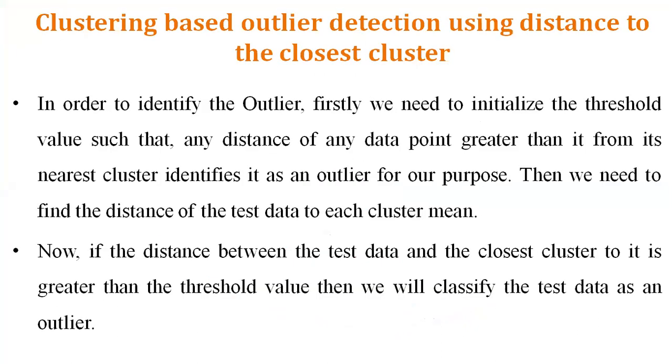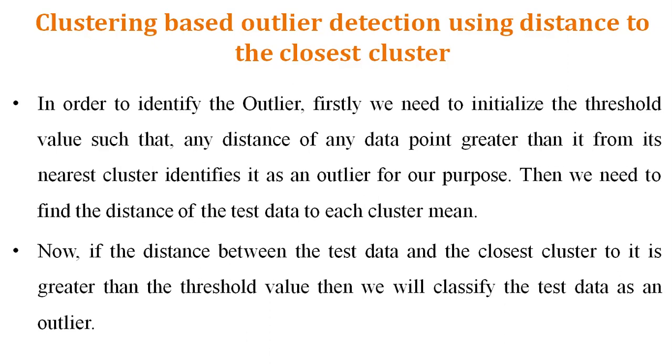Okay. To identify outliers, we have an approach called clustering based outlier detection, using distance to the closest cluster. As you have seen in the previous algorithms, when we discussed the k-means algorithm and the k-medoids algorithm, you computed many distance parameters, and whichever point is very far away from its neighbors is considered an outlier.